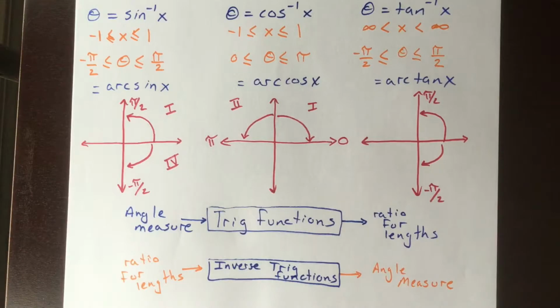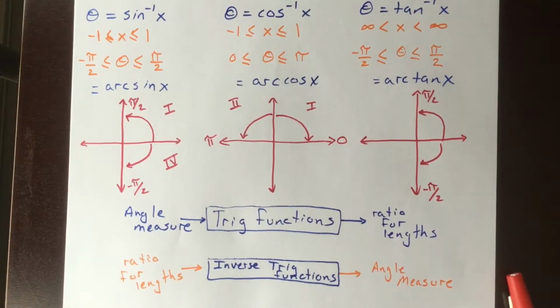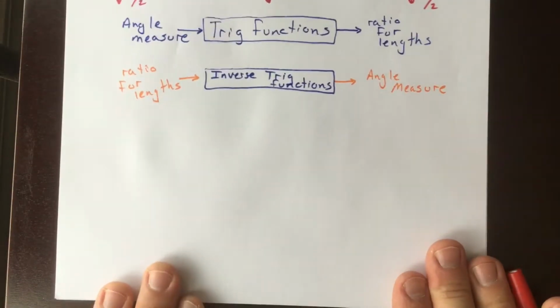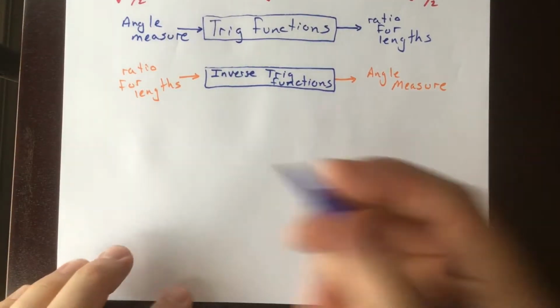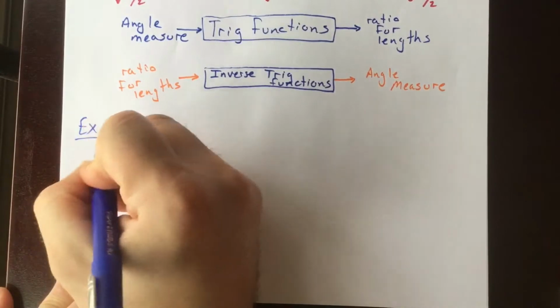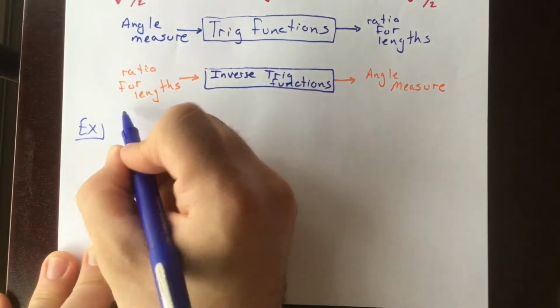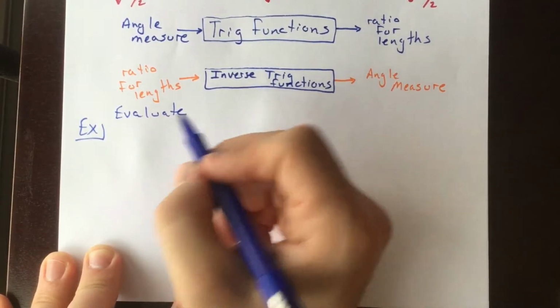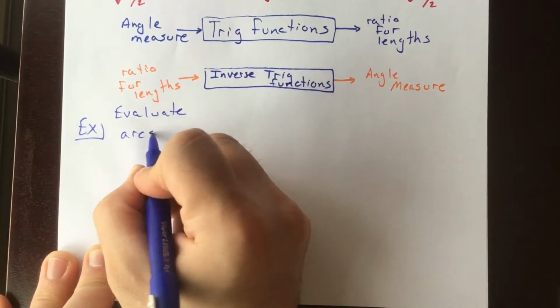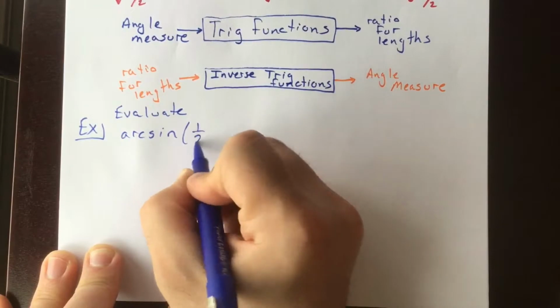So let's look at a couple of examples. To begin, all of these are going to be evaluate. Let's say we want to evaluate the arc sine of 1/2.